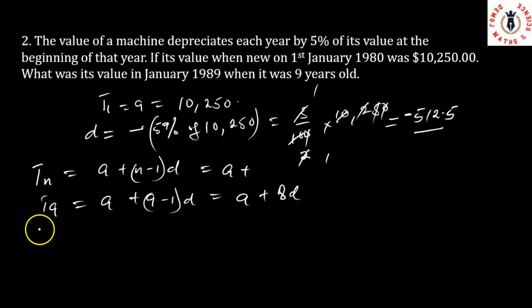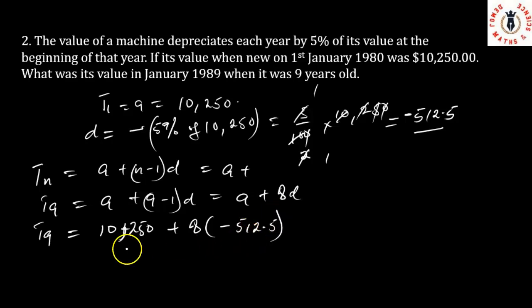Now the value of the machine at the 9th year will come from 10,250 plus 8d. Our d is negative 512.5.